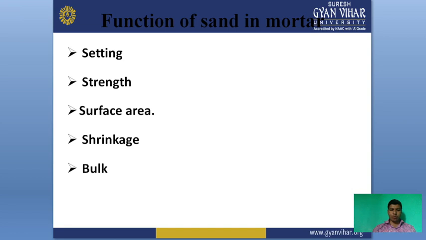It means the function of sand plays a greater role in the plastering process. It gives better strength, it sets quickly with other components, it covers the surface area, and it also protects from shrinkage.